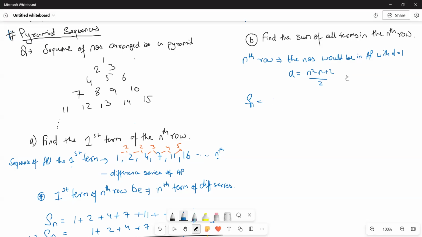And the nth row, since it's the nth row, the number of terms in the nth row would be n. भाई फर्स्ट रो में एक टर्म है, सेकंड रो में दो टर्म है, थर्ड रो में तीन टर्म्स है, तो nth रो में n टर्म्स होगा.